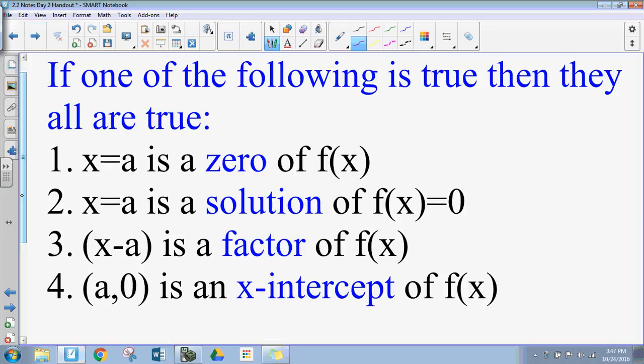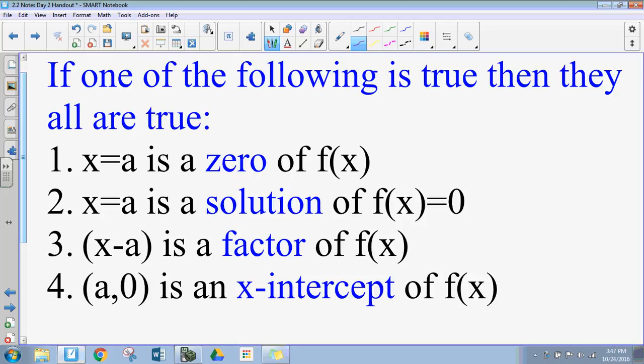We've talked about this next slide a few times, that these words all mean the same thing, but I wanted to write it out again because you're going to keep seeing this. If one of the following is true, then they are all true. If x equals a is a 0 of f of x, then we also know it's a solution to the equation f of x equals 0. That means it's an x-intercept, like number 4 says. And number 3 is saying that x minus a would be the factor of f of x that gives you that 0.